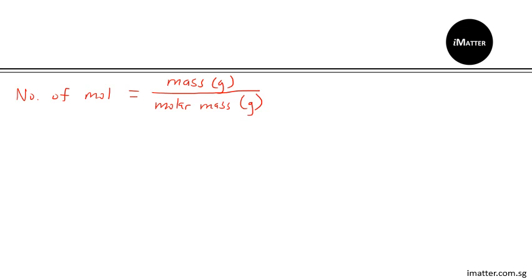And obviously, guys, be willing to manipulate this formula. I can always rearrange it, and I will get mass in grams equals number of moles of that substance times its molar mass.